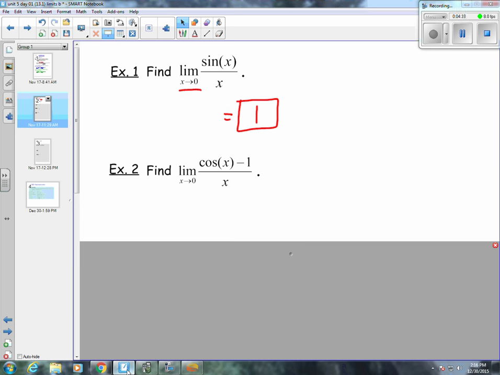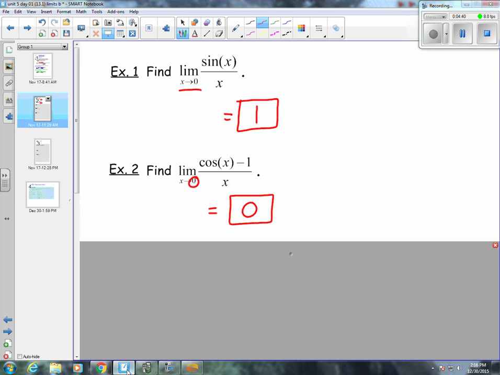Likewise, we can take our calculator and graph cosine of x minus 1 all over x and look at the limit of that as x approaches 0. And we'll find that that will equal 0. The first thing you always try and do with limits is plug in the value directly. But in both cases, that's not going to help us.